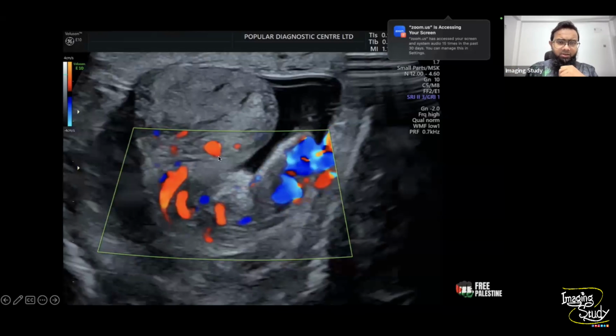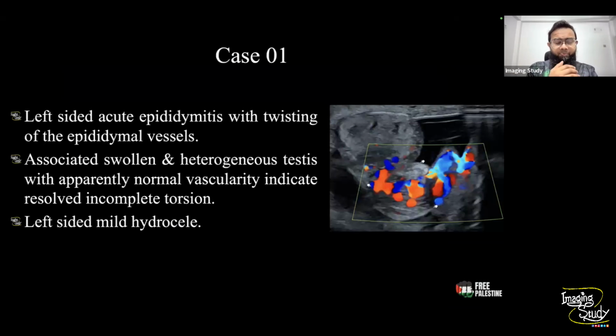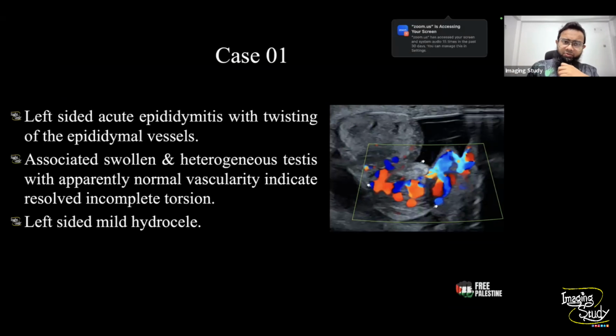So here you can see the vessels are having a round shape appearance at this point because they are in a swirling or whirlpool-like appearance at that point.